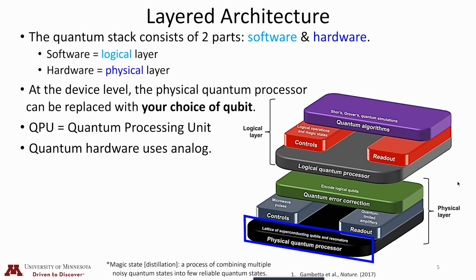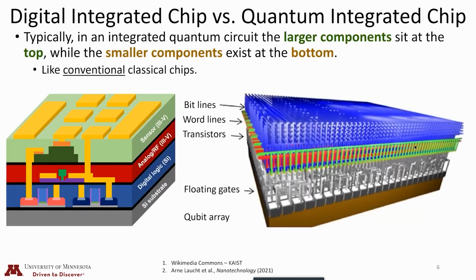I'll make those available. And then when we move on to the digital control, if we can make a comparison between digital integrated chips, the 3D chips, versus the quantum integrated chip, there are some interesting parallelisms between the two. Obviously, you have a substrate here at the bottom, and then there's this foundation for the chip itself.